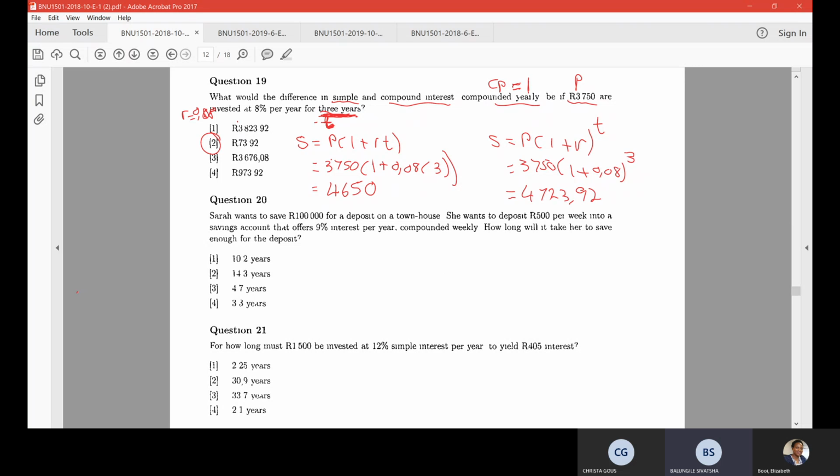You only put 0.08. Because when I say 3, you must say 3 times 1, which is going to get 3. So this is your answer that you got, 4,723.92. Okay.